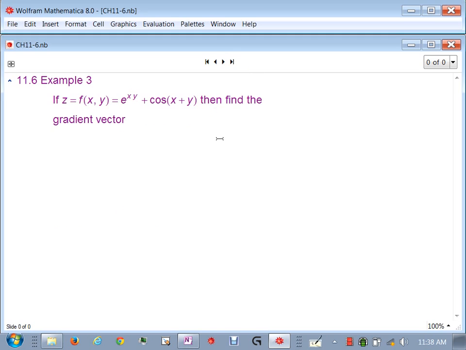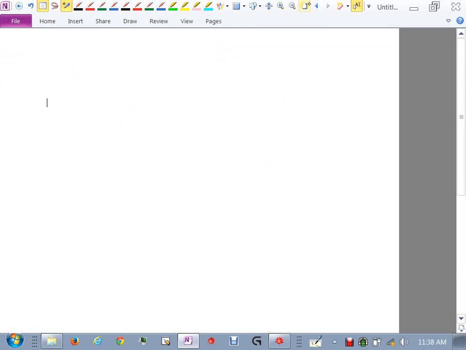So anytime someone gives you a function of two variables, you can always find the gradient vector, which is just the partials, right? That's all it is. So we'll do that one real quick. If we have a function f of x y equals e to the xy, we want to find the gradient vector.